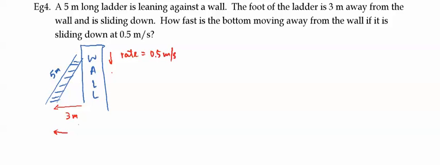Now in this case, we are talking about the height in this triangle and the base of the triangle. Let me consider this as x and y. So as the ladder is sliding down the wall, I will consider this as dy/dt.